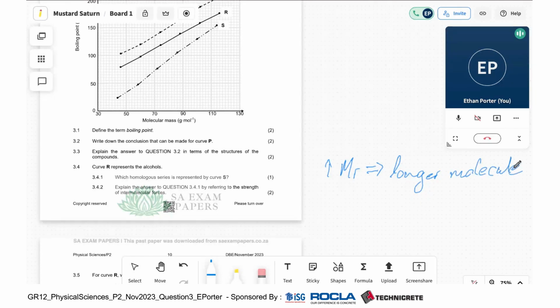And if we have a longer molecule, it means we have increased intermolecular forces, or IMF for short.